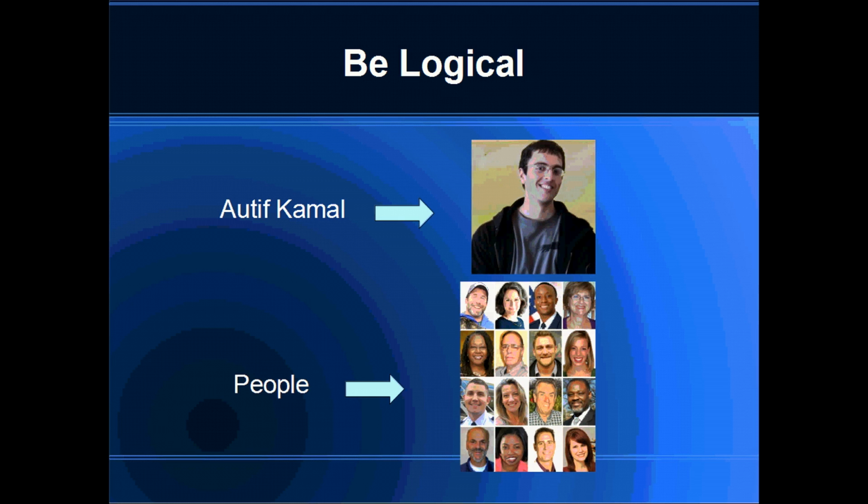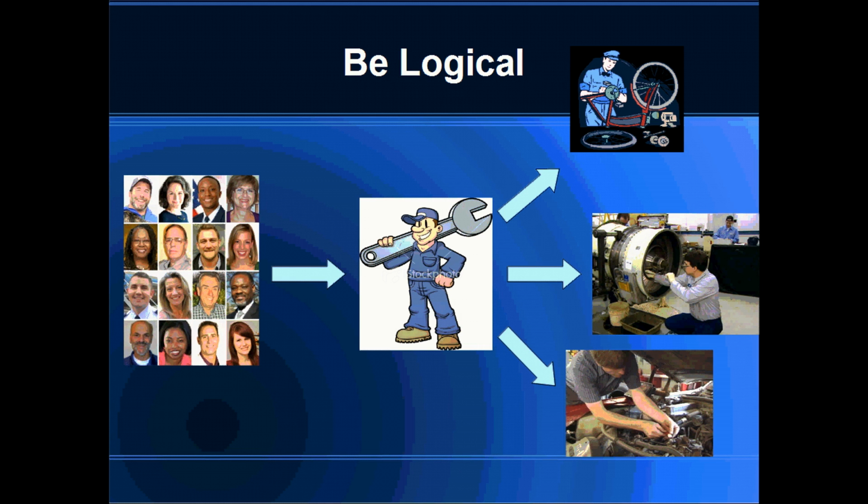The nature of categories is such that they also subsume other categories under them. For example, a category that people might contain under it would be mechanic.